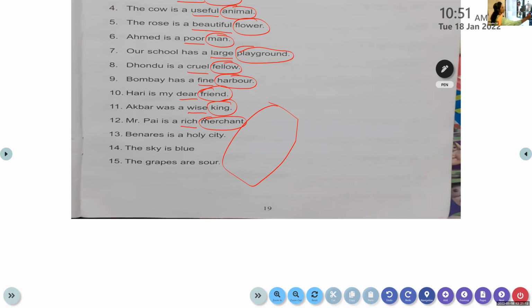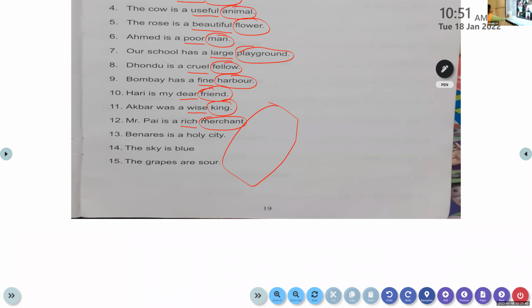Daksha, come on. Do the next question. Ma'am, the 14th one? Yes, the 13th one, my dear. Benares is a holy city.